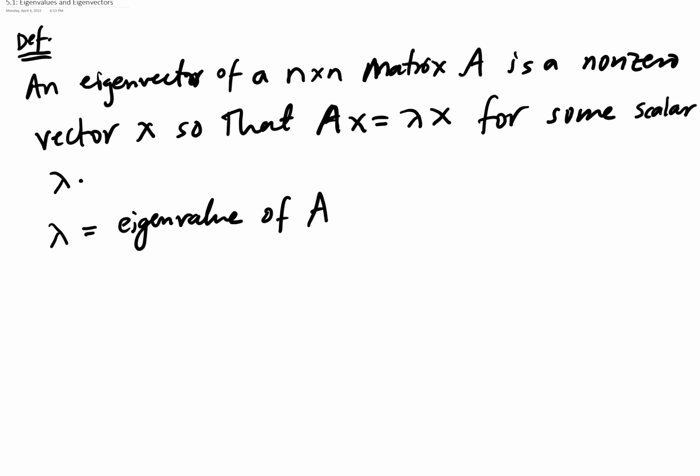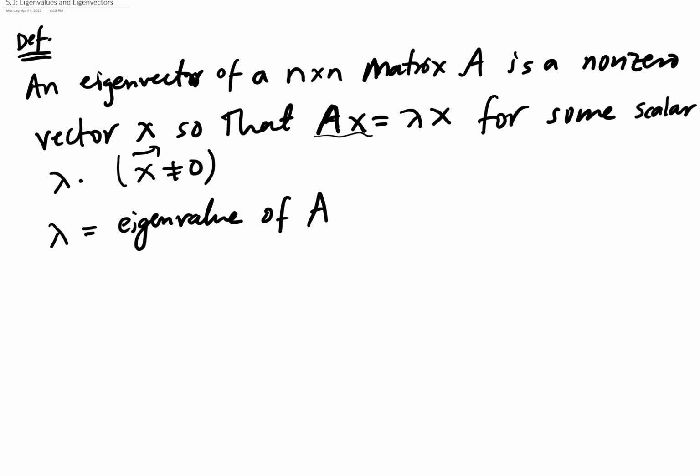Take a matrix, multiply it. It's kind of like a transformation here. So that's a transformation. Take a matrix A, multiply by x, and if you get a multiple of x for some scalar lambda, then x is called an eigenvector. x cannot be zero.